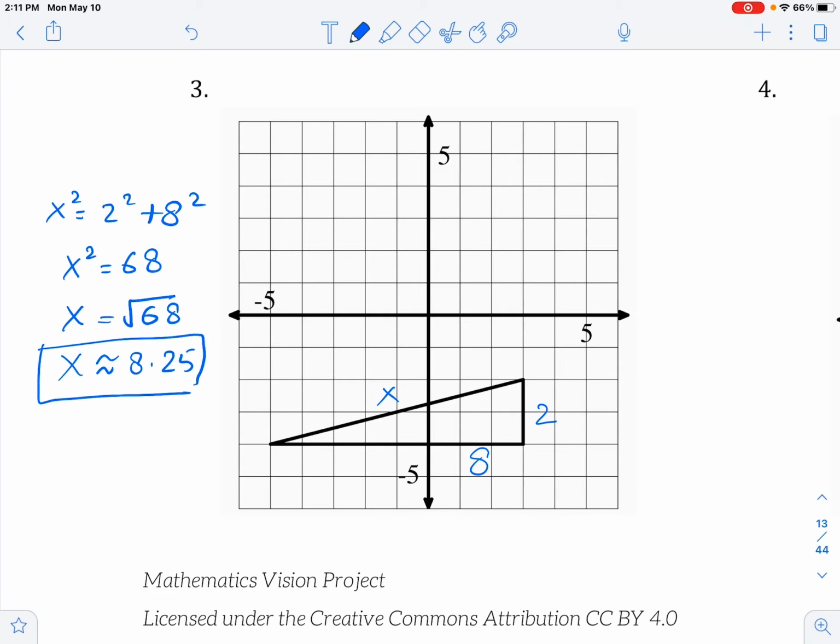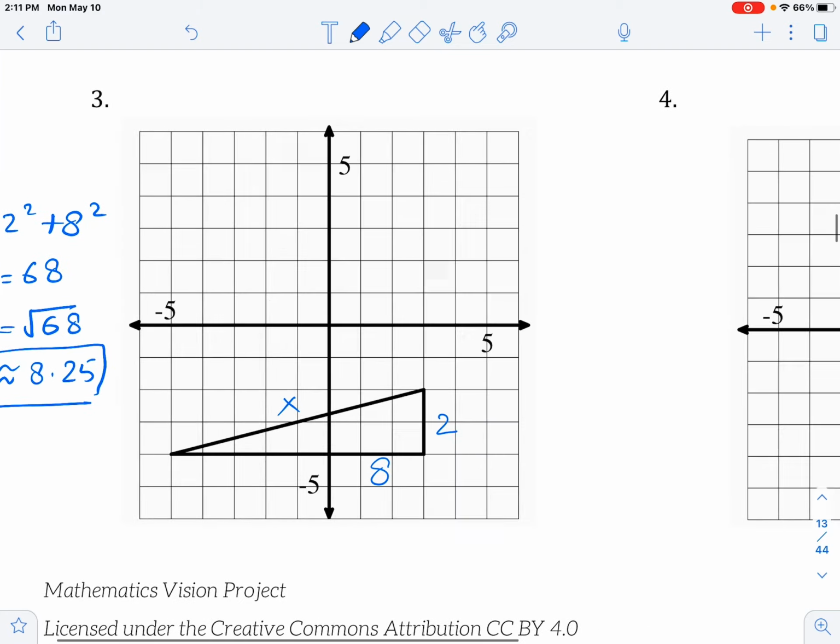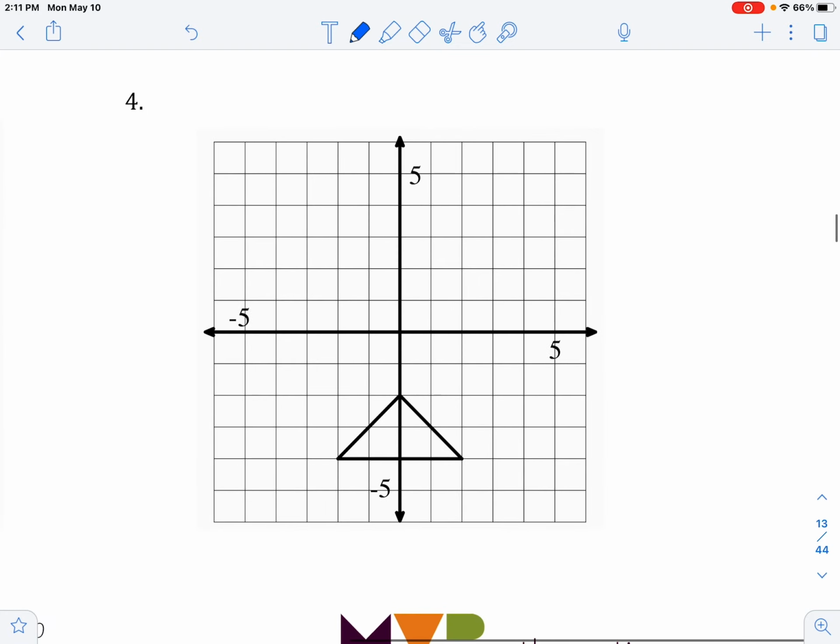Same way, for question number 4, just to provide you the answer in a shortcut way, it's a right triangle. That's a right triangle here, because these two sides are equal and we could see it's a 90-degree angle.